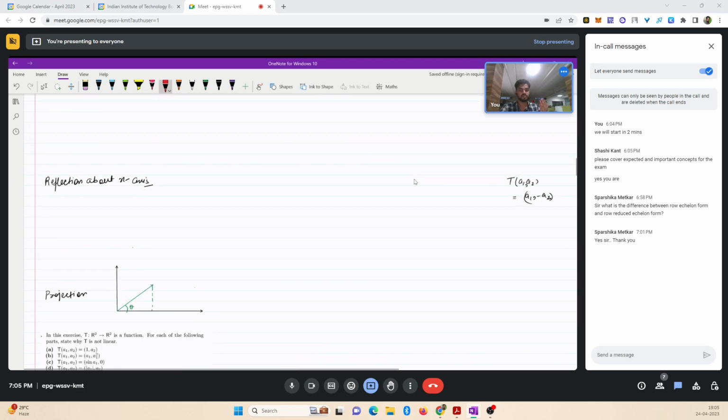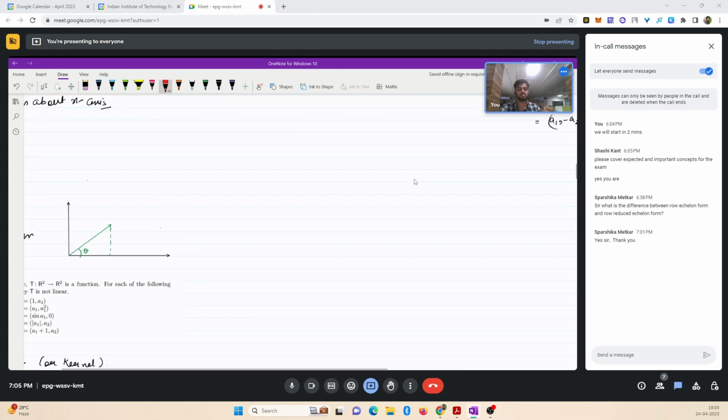Or another example is, let's say you have a vector v, and you take its projection onto the x-axis, and then you had another vector y and then you took their sum and then took their projection, or otherwise you first took their projection and then took their sum. These two things should be the same.